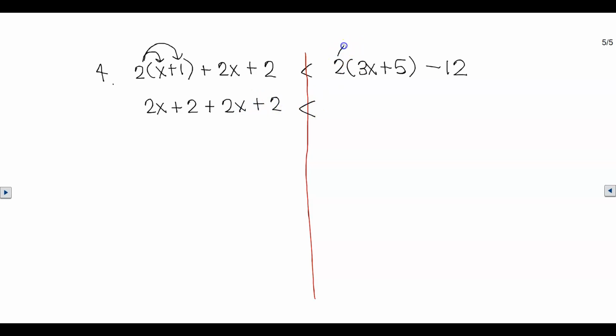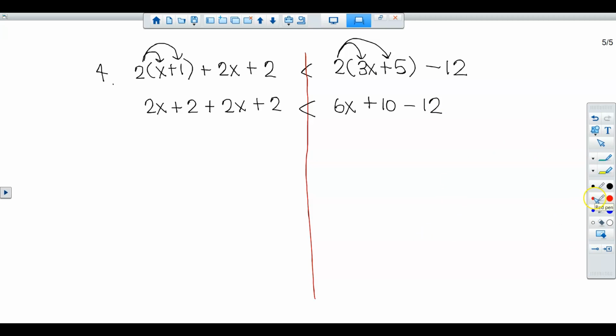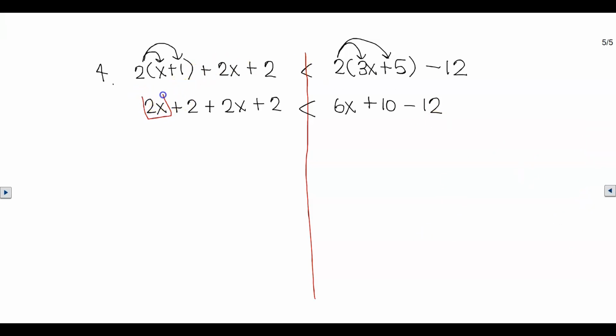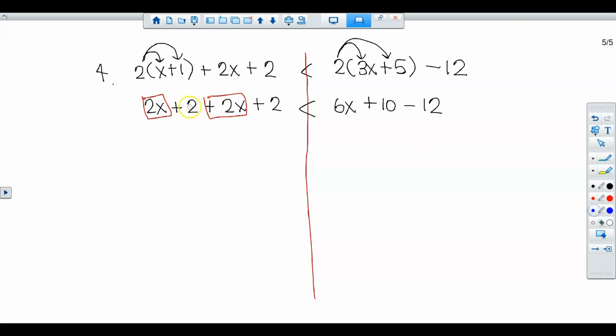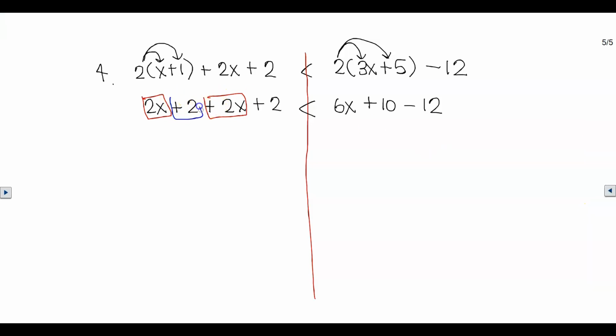On the other side, we need to distribute. 2 times 3x is 6x. 2 times positive 5 is positive 10. And we bring down that minus 12. Step 1 is complete. All right, step 2. Can I combine like terms on the same side? On side 1, I know I can combine 2x with positive 2x. And I also see that I can combine a positive 2 with a positive 2.